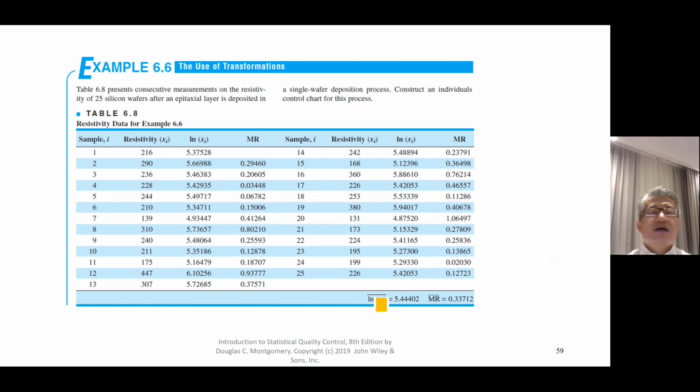It deposits on the surface a very thin film. We construct an individual control chart for the process, using a moving range.